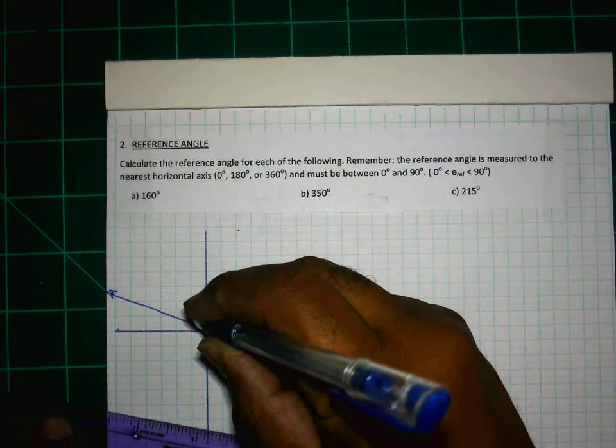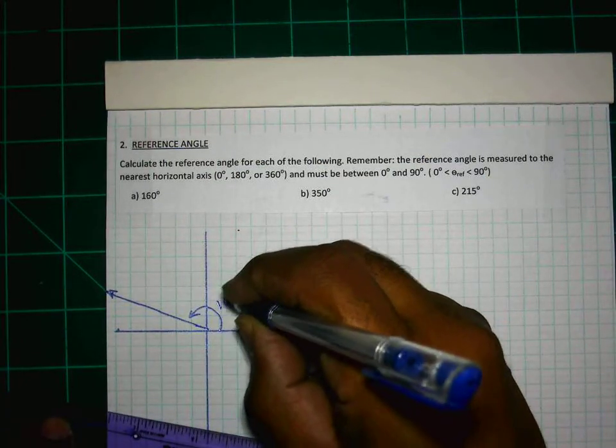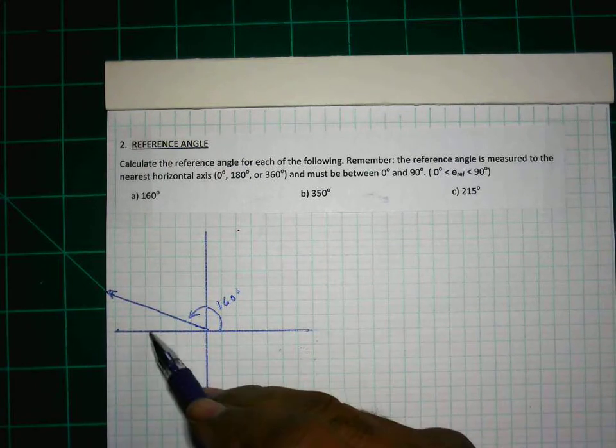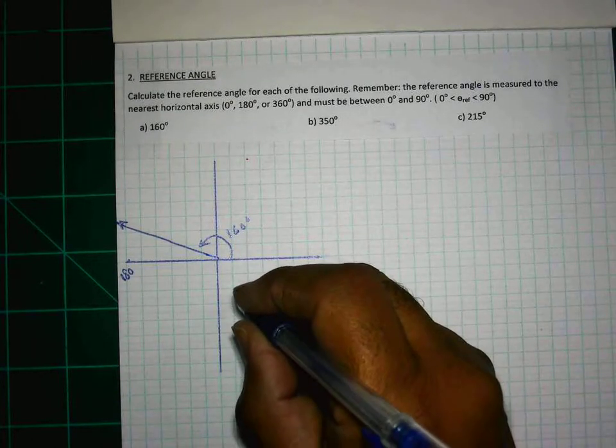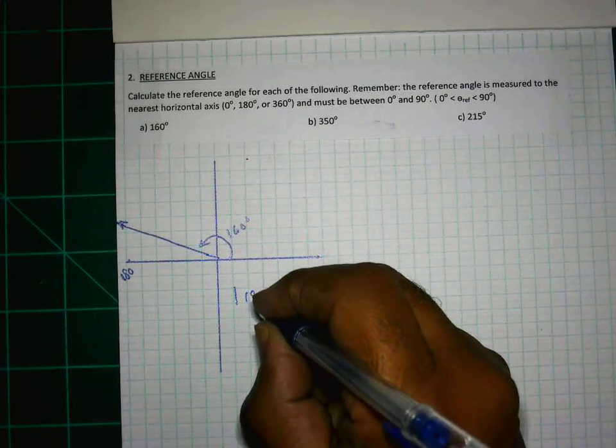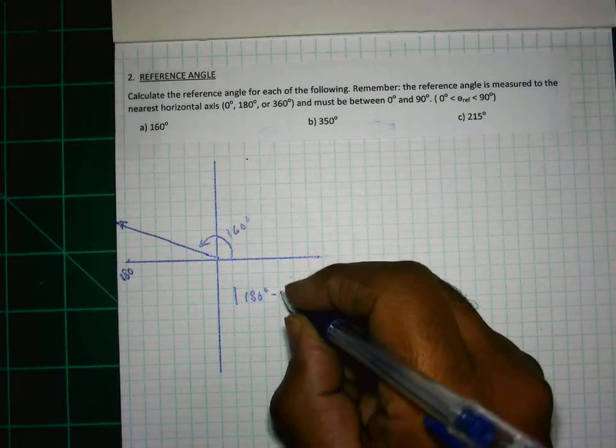So this is 160 degrees. The closest x-axis is here, that's 180 degrees. So my reference angle is going to be the difference between 180 degrees and 160 degrees.